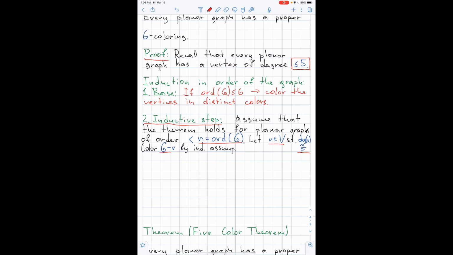Now we remove this vertex from the graph, we get another planar graph. So this G without V is also planar. And also the order of this graph is what? It's n minus 1, which is less than n. So we can use inductive assumption.